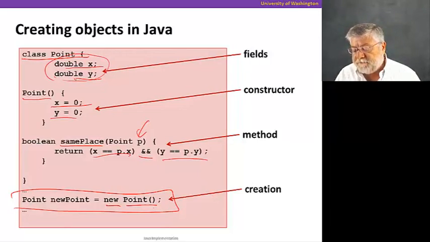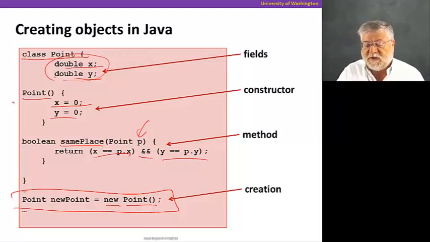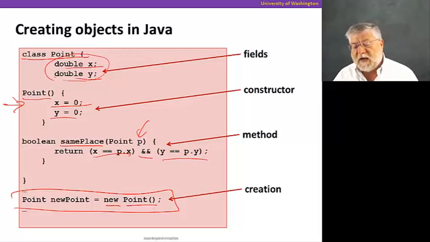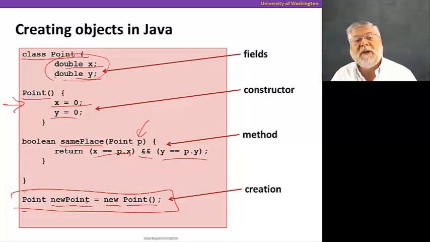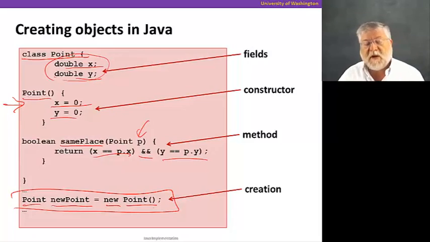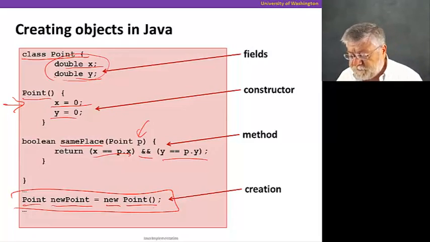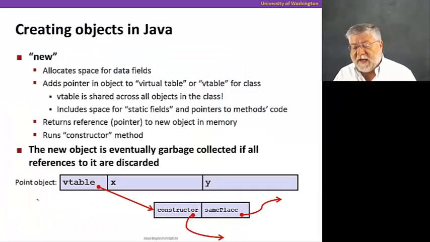And it's going to return a reference to this new location in memory, this new object, and then run the point constructor code on that object. That will cause those variables to be initialized, and then that reference will be stored in the variable new point, which is of type point. So these are compatible. So let's review that again.